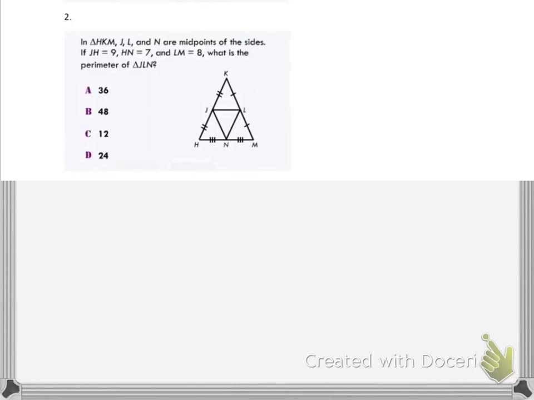This is clearly another 5.1 question. So the next thing it tells us, JH is 9, HN is here, that is 7, and LM is here, that is 8. What is the perimeter of JLN?